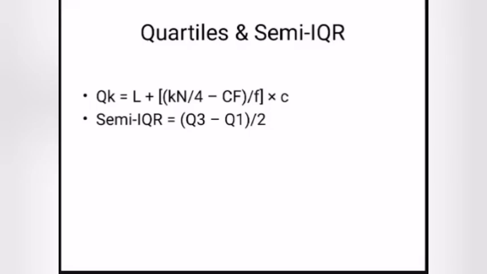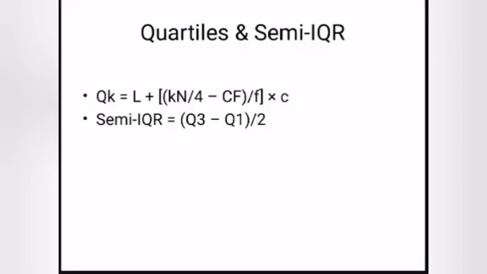So it's going to be 2 times 10 over 4. That's 20 over 4. That's 5. So you find the class that has 5 as its cumulative frequency, and that's your second quartile class.